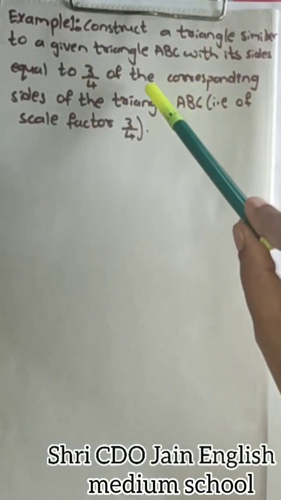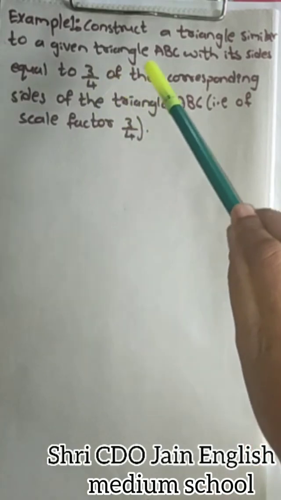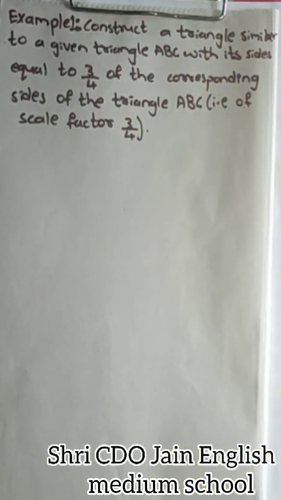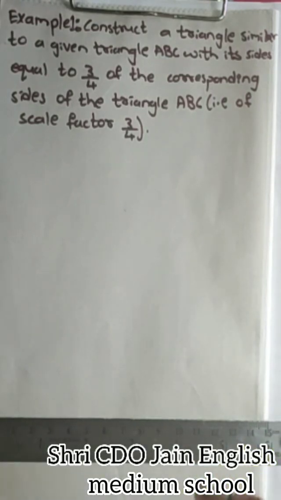So for construction of the first triangle, they have not given any measurement. You can take your own measurements. They have not told you to draw this many centimeters or angle. They have not given anything. You should construct on your own.